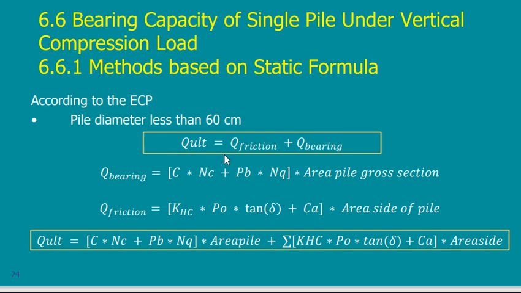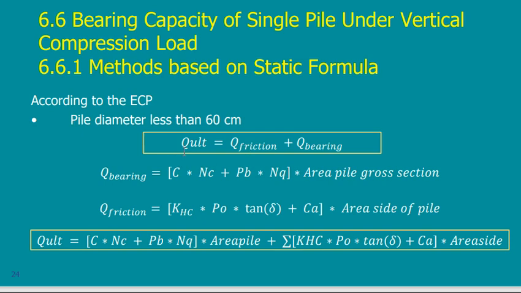And we said a very important thing: what we are studying is not what the pile can carry. No, we are studying what the soil can carry from the pile, the amount of load the soil can carry from the pile. We usually say that this is what the pile can carry, but actually it is not.